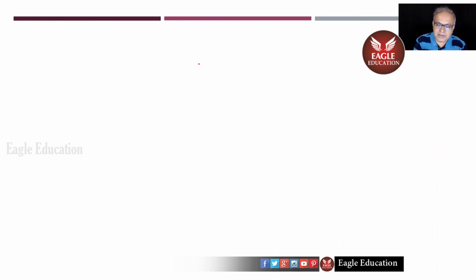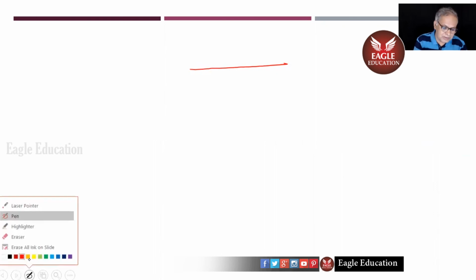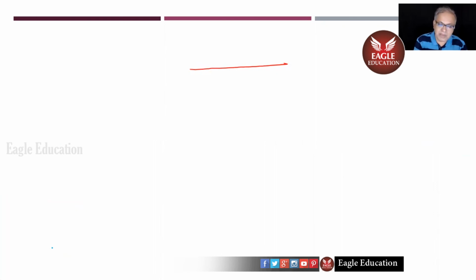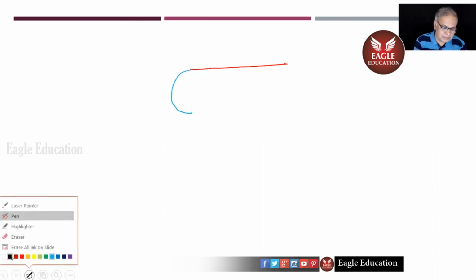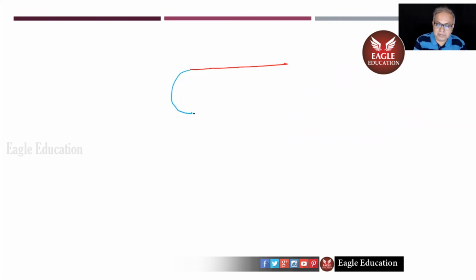Now look at this. That is one wire. I'll use another ink for the second one. This is one semicircle. This is another wire. So just tell me the formula for the semicircle.